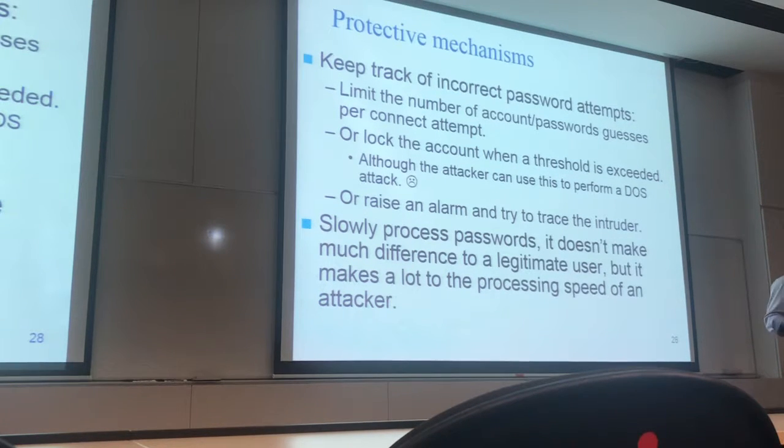One particular mechanism used is the so-called bcrypt hash. If you use MD5 or SHA-1, it's not good to store the transformed password using MD5 or SHA-1. But if you use another hash function called bcrypt, it applies this method.